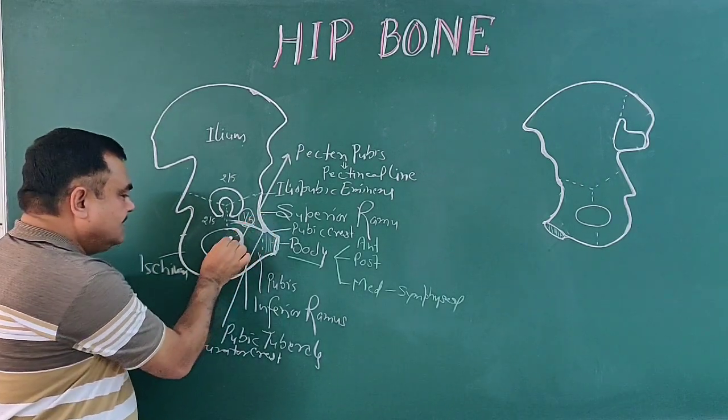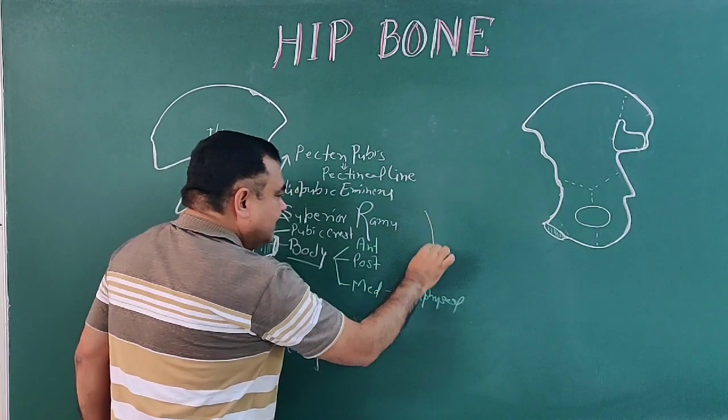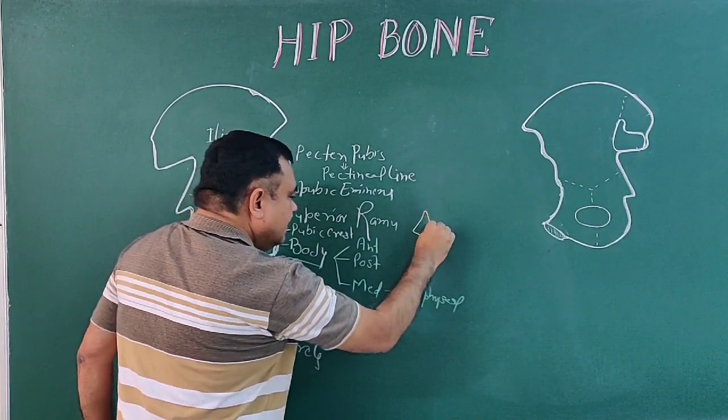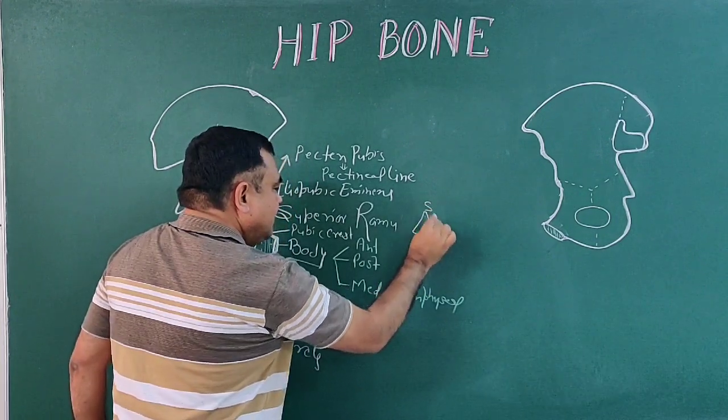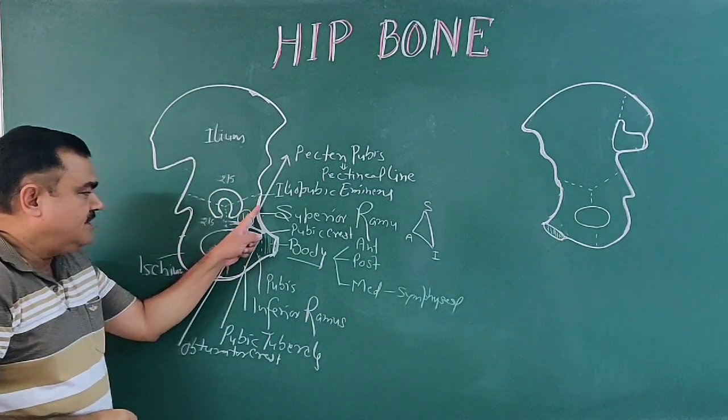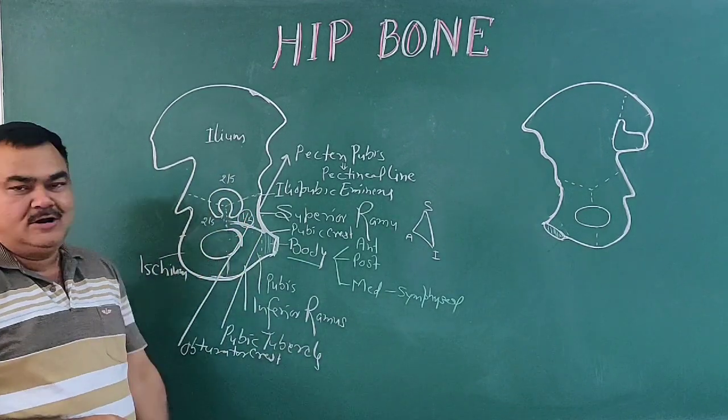If you cut a section at this level, you will find it like this. This is the superior border, the anterior border, and the inferior border.